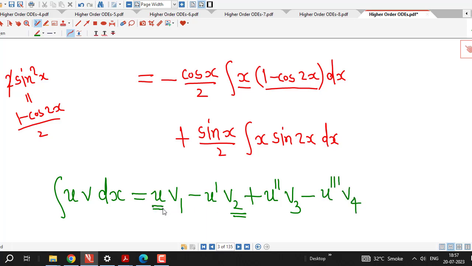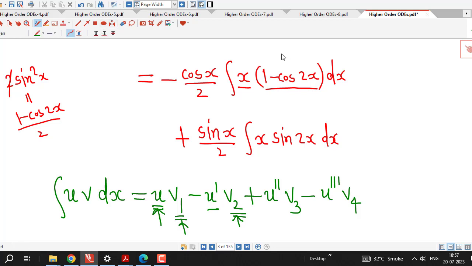So first function as it is, integral of second function, minus derivative of first function, integral of second function, alternately positive negative derivative of first function, integral of second function.